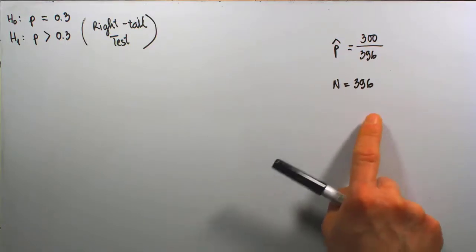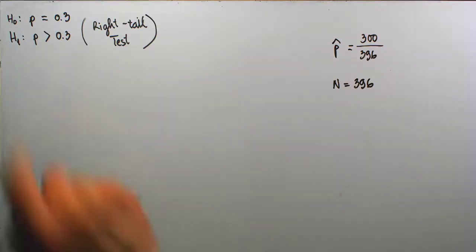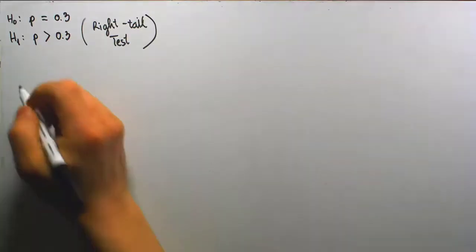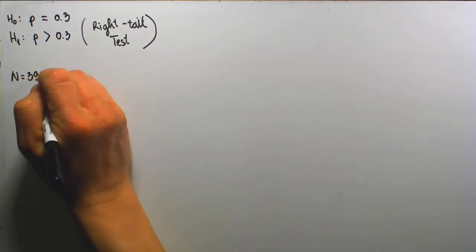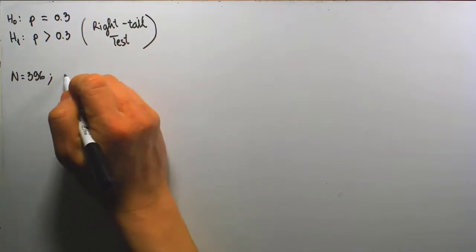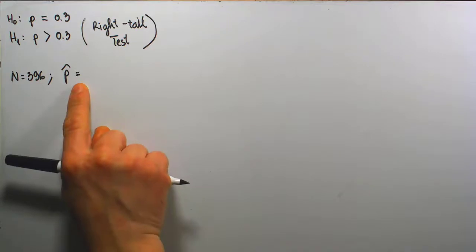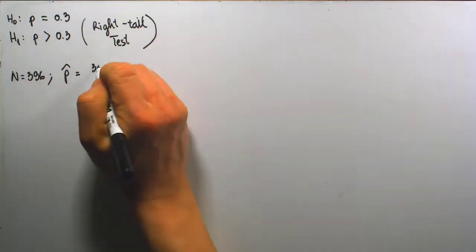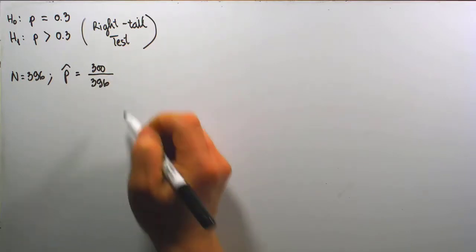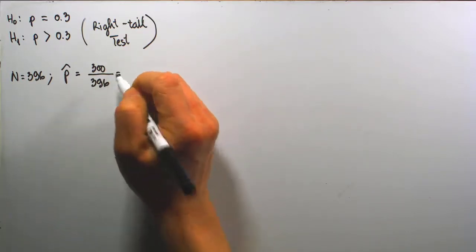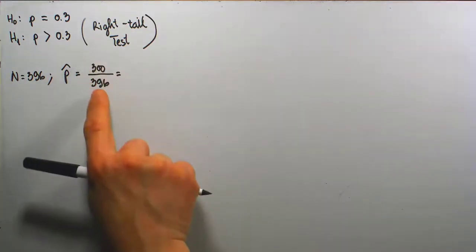And so now I'm going to formally write this as part of the steps of our problem. Our sample has sample size 396, and the sample proportion, reflecting the proportion of iPhone users in this sample, is 300 out of 396. Let's write this as a decimal value in 4 decimal places.